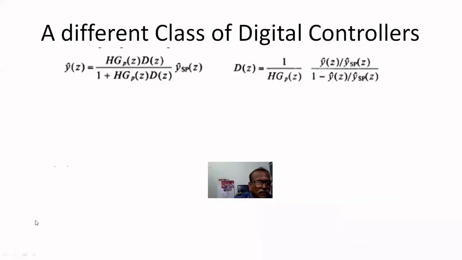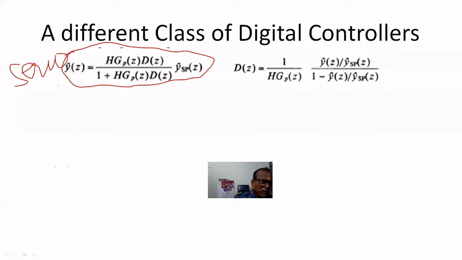First, let us derive the controller output. We know that this is the controller response, the servo response. It means we are assuming that D of S equals 0, disturbance equals 0.